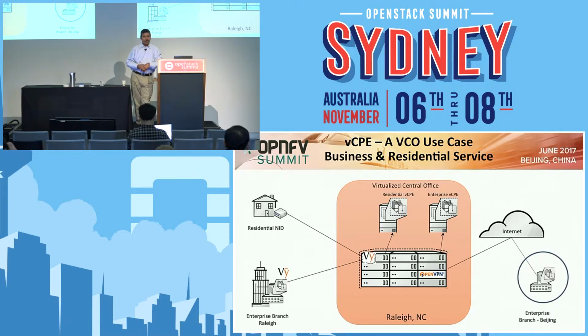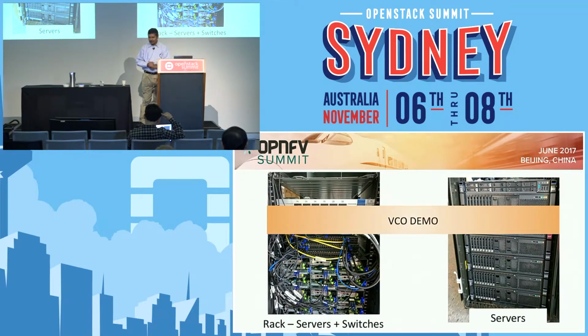We had a branch emulated in the Lenovo lab for the enterprise use case. We had a bunch of VNFs from different vendors on BNG, on firewall, on DPI, on policy, and on and on. So let me just walk you through a little bit of the demo.